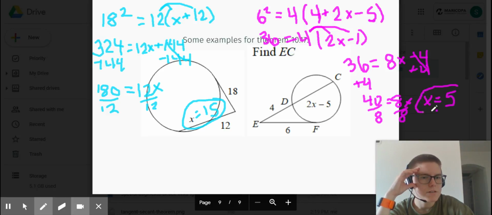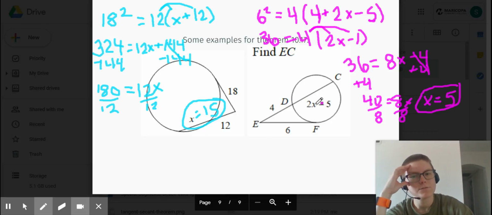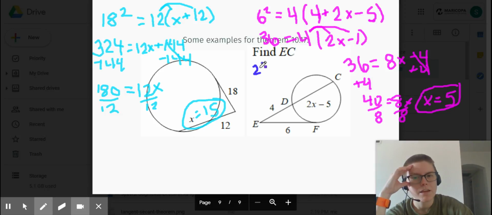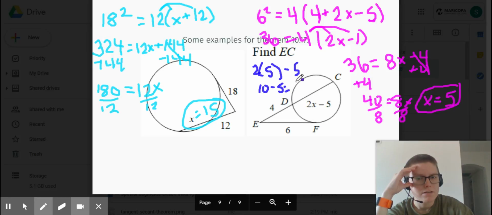And this one, we're going to have to plug in that x. So 2 times 5 minus 5. Let's take our next step in this color. 2 times 5 is 10. Minus 5 is 5.